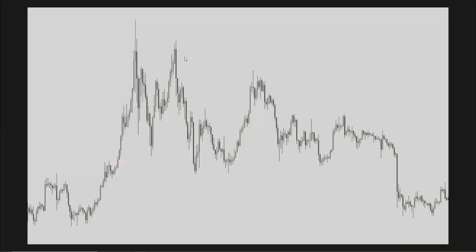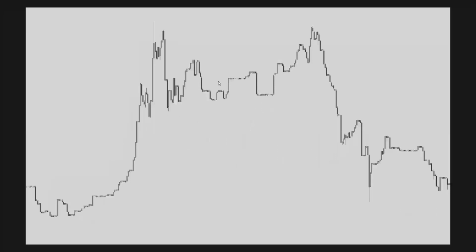And then I think I've got, what is this? I think it might be a tick chart, or anyway, very low time frame. Yeah, it's a 10-tick chart, and ticks being trades. So each candle is 10 trades.